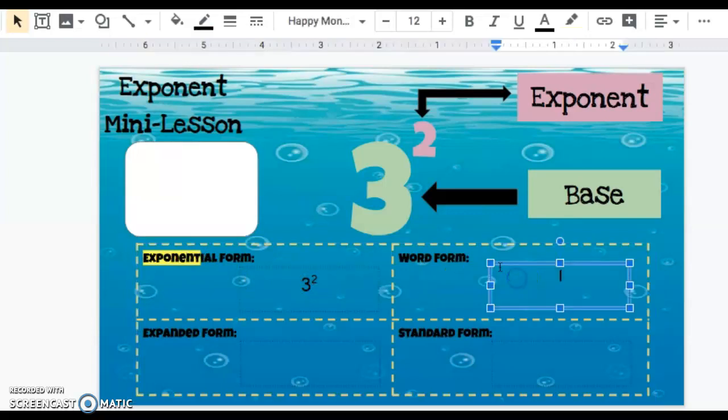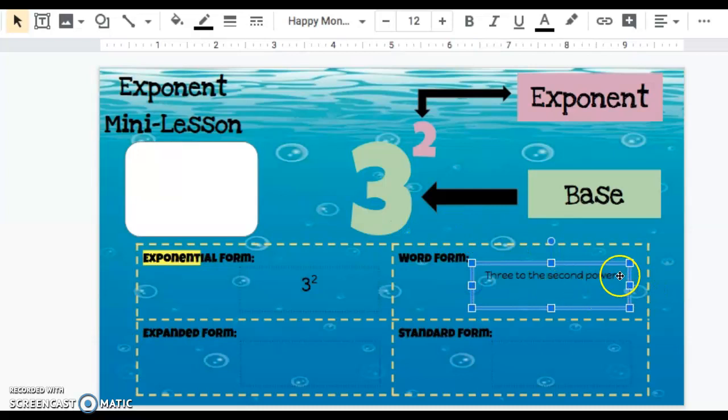Your word form is literally just taking that 3 squared or 3 to the third power and putting it in words. So you would say 3 to the, oh, I'm sorry, that's not it. 3, you can say it 2 ways. 3 to the second power, or you can even say, and let me make my box a little bit bigger, you can say 3 squared.